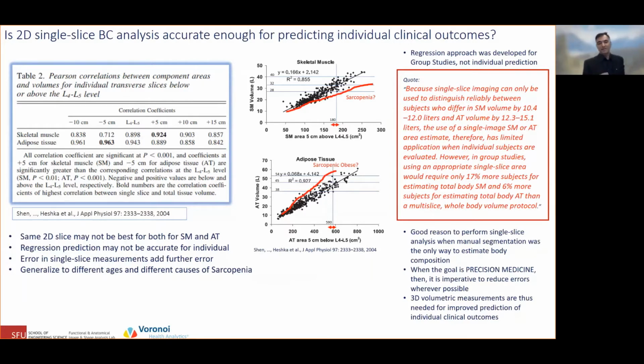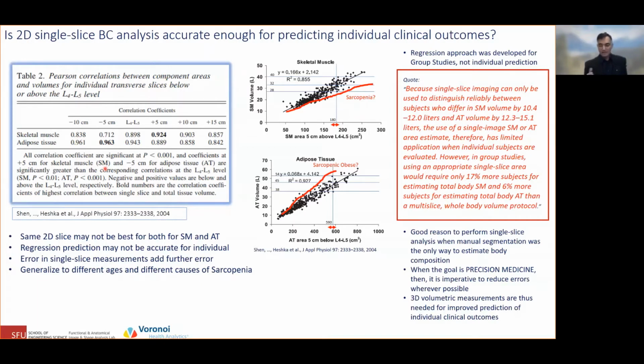For skeletal muscle, 5 centimeters above L4, L5 had the highest correlation between single slice measurements and whole body measurements. And for adipose tissue, 5 centimeters below L4, L5 had the highest correlation.